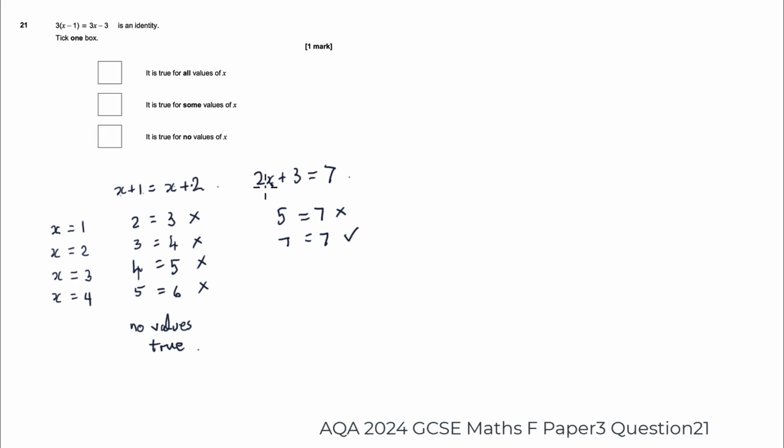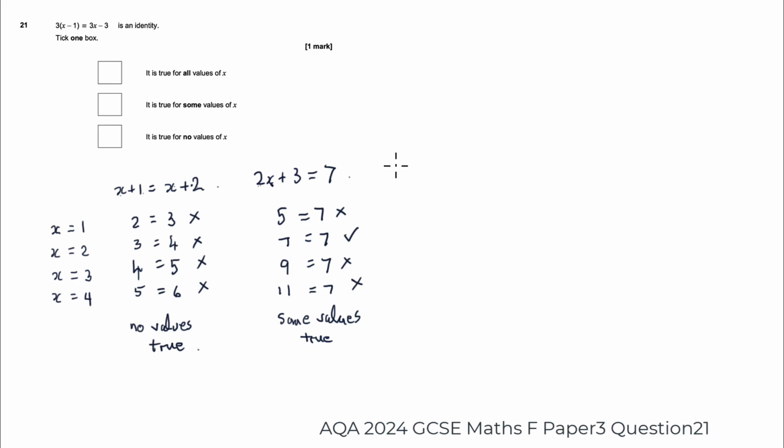Let's try x equals 3. 2 threes are 6, plus 3 is 9. And there's a statement that's not true. And trying x equals 4, 2 fours are 8, plus 3, that's 11. And that certainly does not equal 7. But here we have some values that are true. So this is an example of the middle box, true for some values of x.